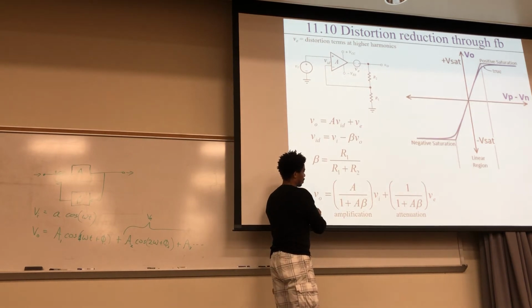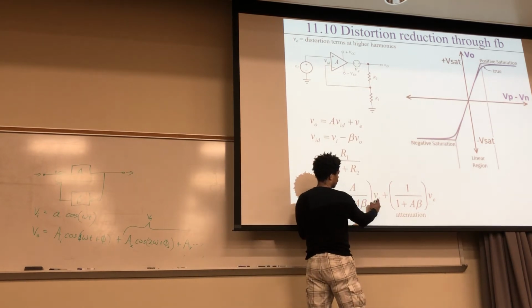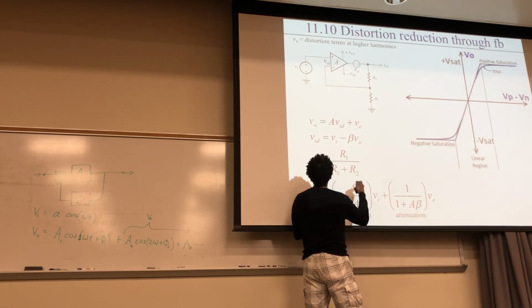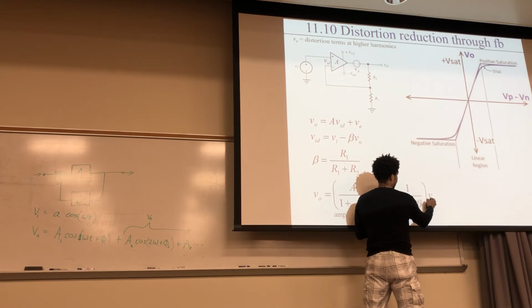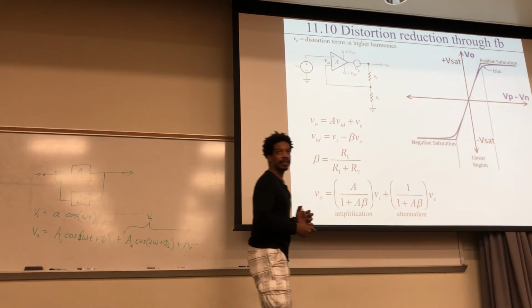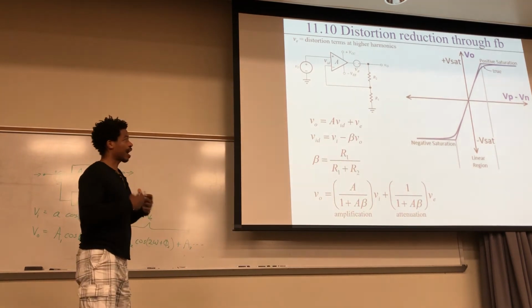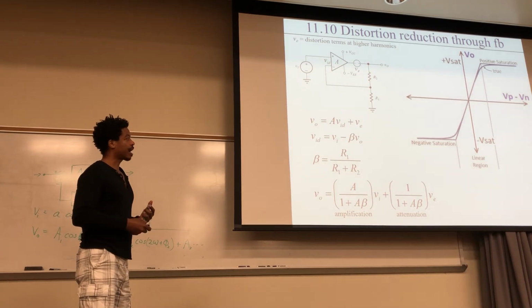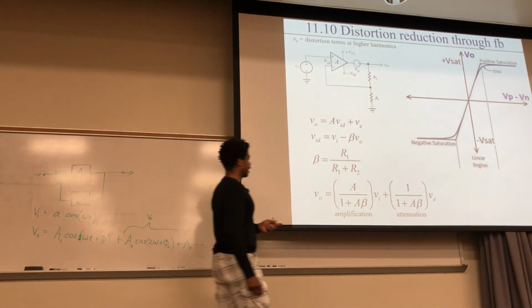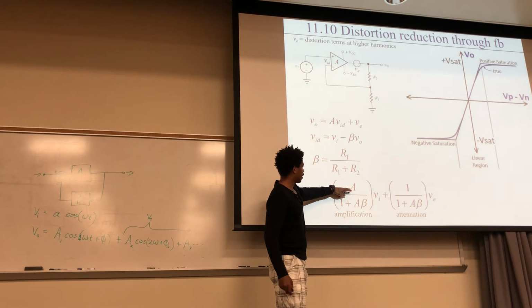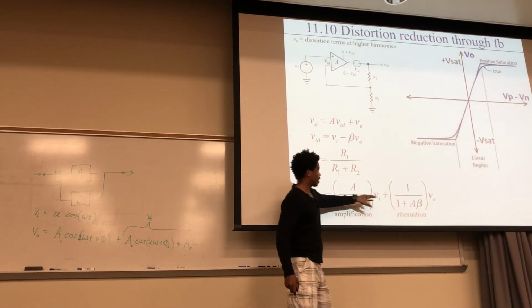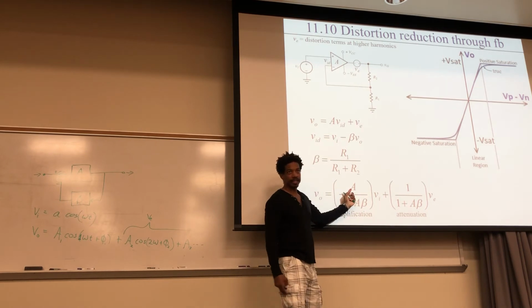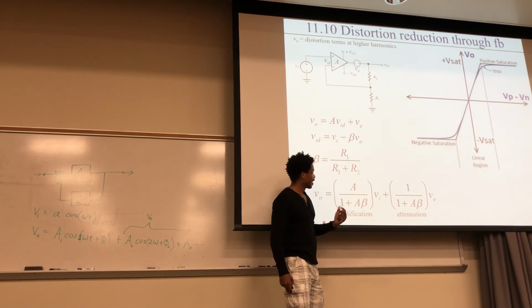It looks like this factor times your V coming in plus this factor times that error, your disturbance, your higher order harmonics. Now the thing is A could be, okay, so this term is going to be larger than this term by a factor of A, clearly, right?